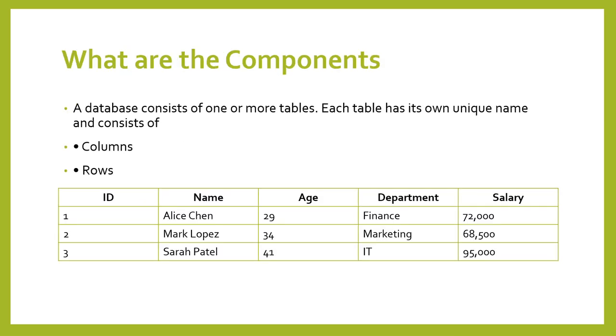So what are some of the components of a database? A database is made up of tables, and each table has rows and columns. Rows represent individual records, and columns represent attributes. I'll briefly point to the example table to show how structured this format is, which you can see from here.